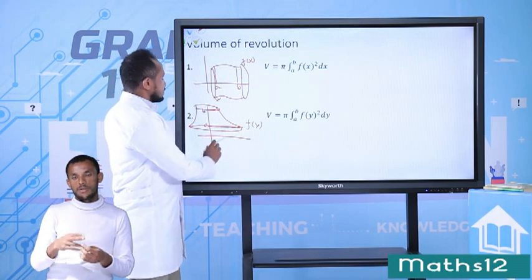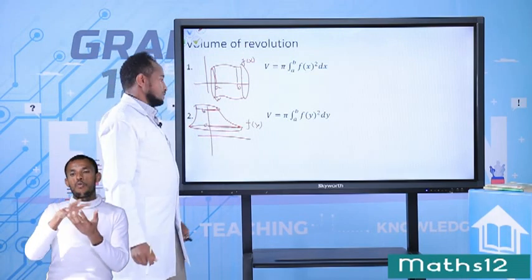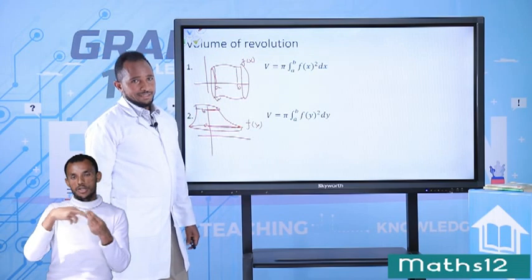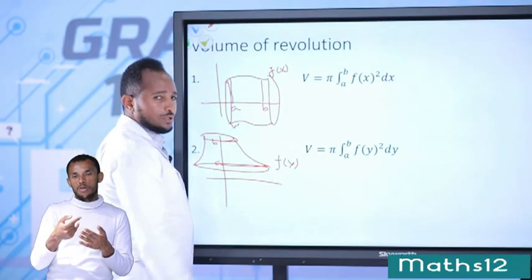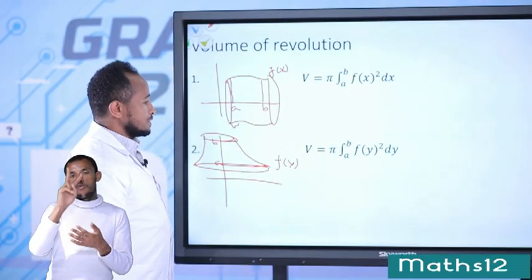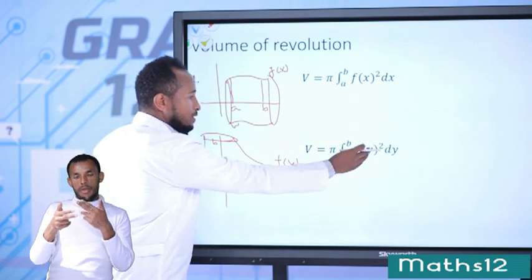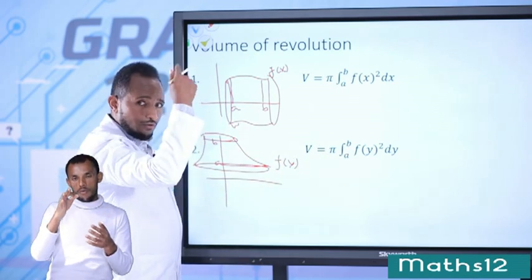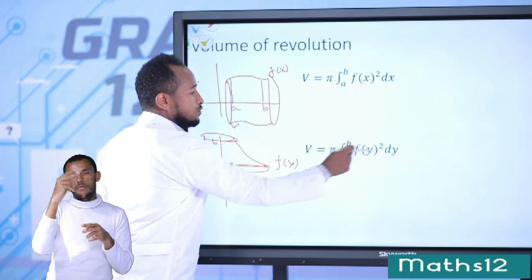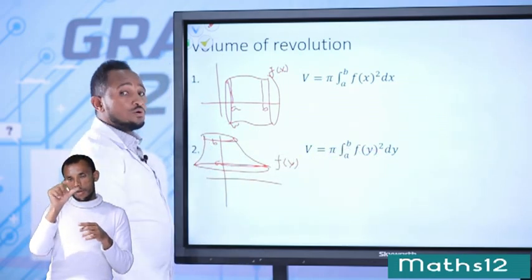To calculate the volume of this region, simply apply this formula. The volume is equal to pi times the integration of the function f of y squared dy on the interval A to B.